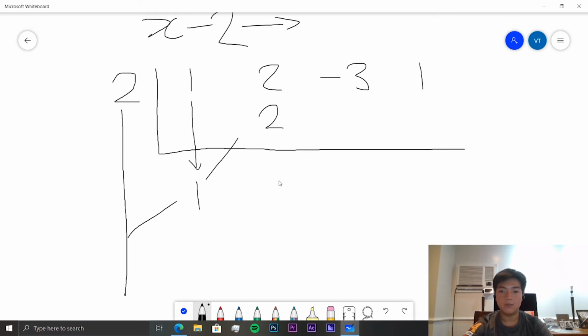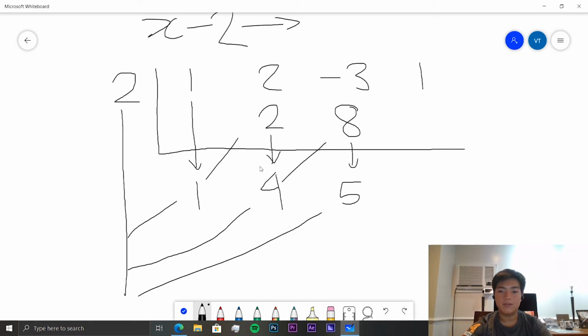What's 2 plus 2? 4. Now we multiply 4 by 2 to get this term over here. 4 times 2 is 8. Now to get the next term, -3 plus 8 is equal to 5. 2 times 5 is equal to 10, so we have 10. And then 1 plus 10 is 11.